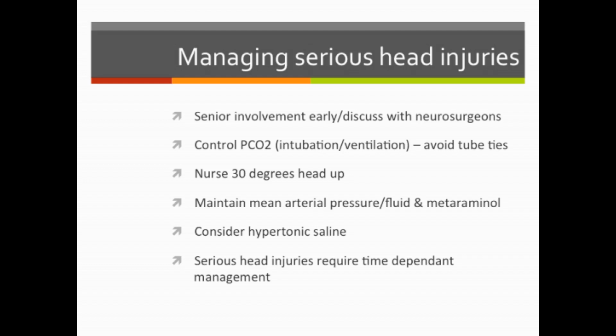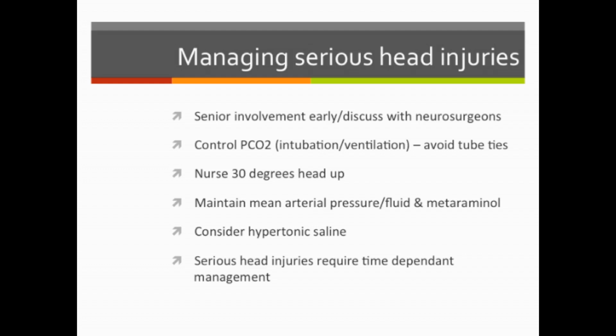If the patient has clear evidence of raised intracranial pressure, either clinically or on their CT imaging, then considering hypertonic saline can be a measure that we can take that temporarily reduces intracranial pressure and buys us enough time to get to a neurosurgical centre for definitive management.